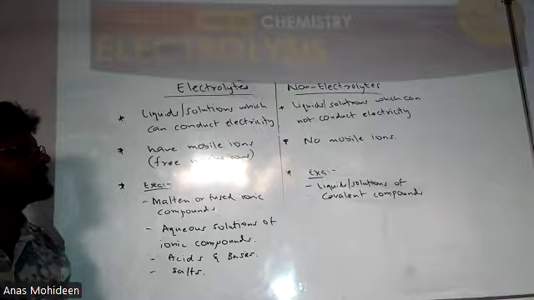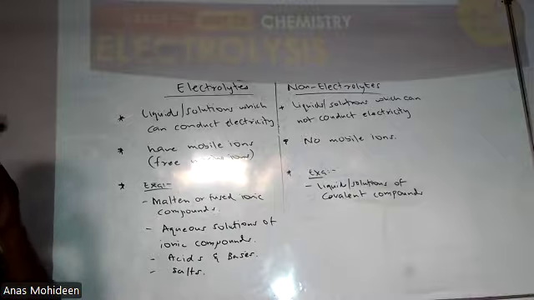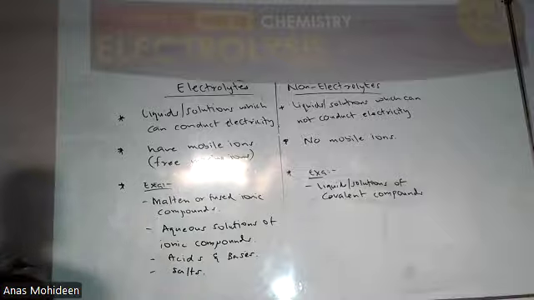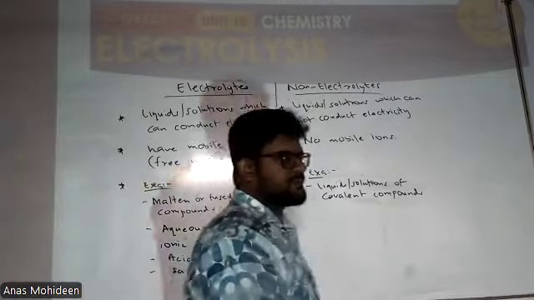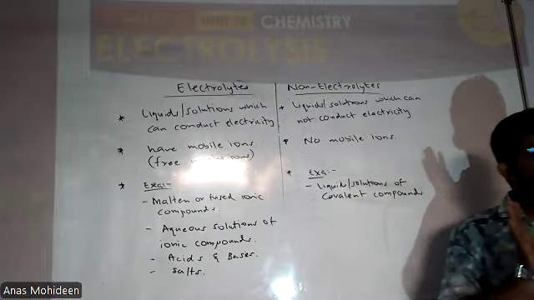Molten or fused means a solid you heat. When you heat a solid, it will be melting into liquid. So this is called the molten condition. What is called the molten condition?